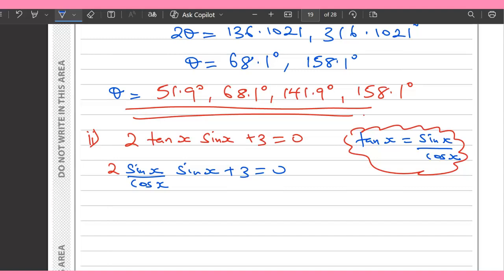Removing cos of x in the denominator, this will be the same as 2 sine squared x plus 3 cos x equals 0.